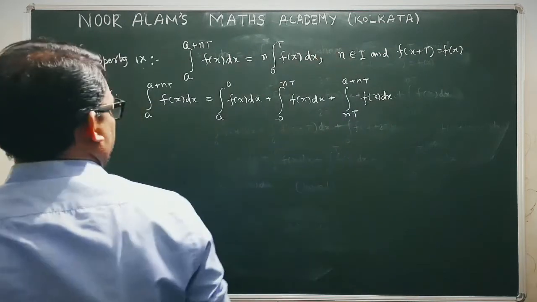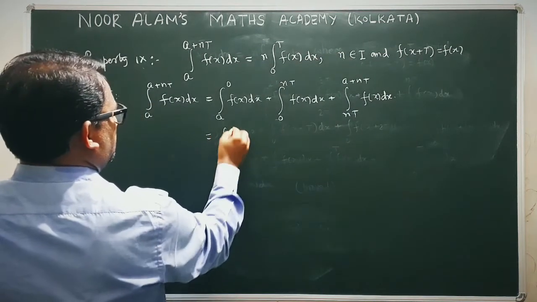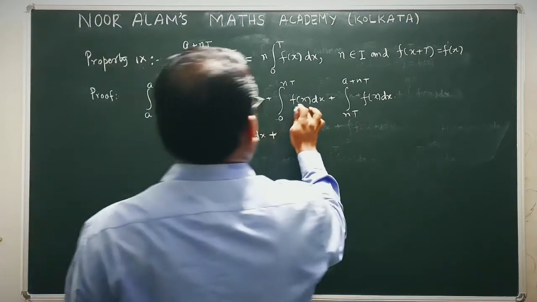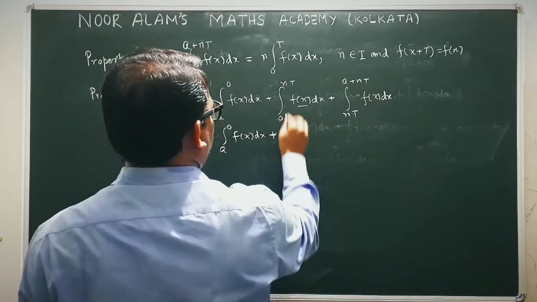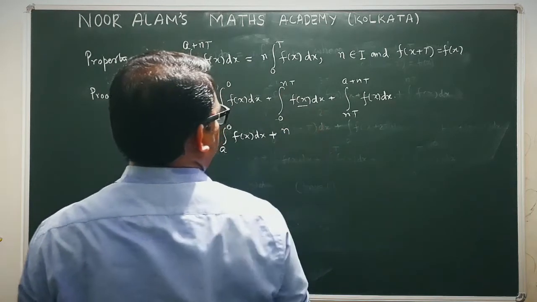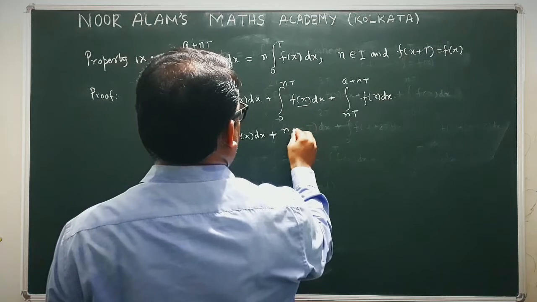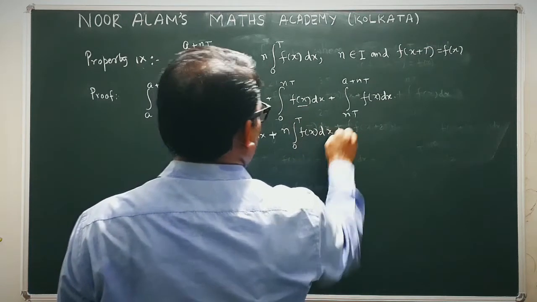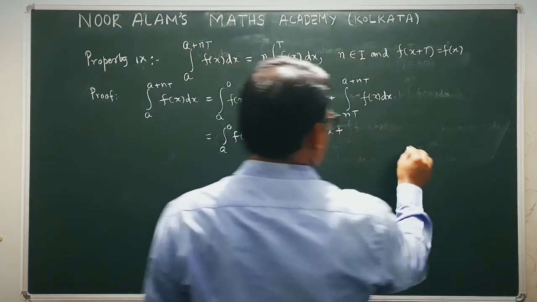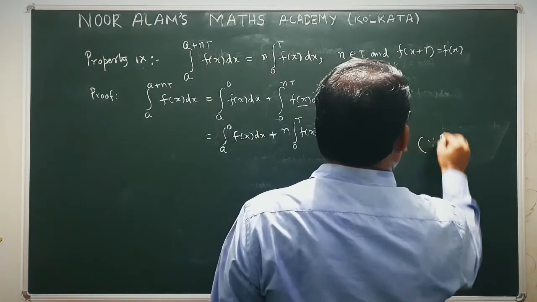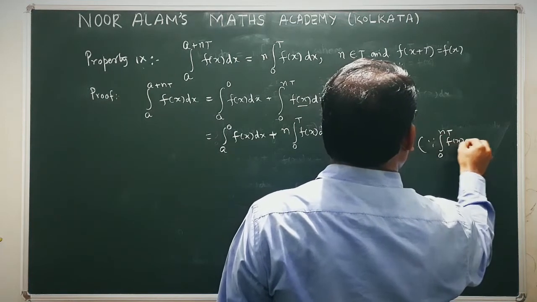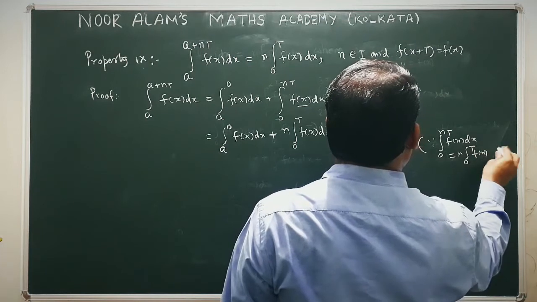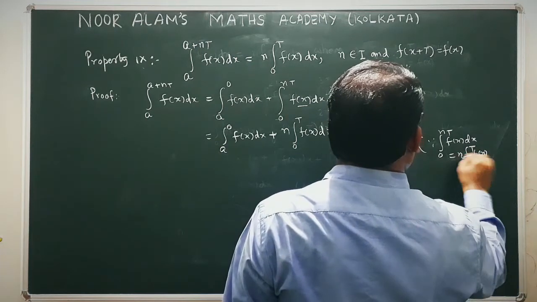Okay, now what we see is that the first can be written as the integral from a to 0 of f(x) dx as it is, and here, since f(x) is a periodic function, n is an integer and f(x) has the period T, we can write the second as n times the integral from 0 to T of f(x) dx, using the previous property, since the integral from 0 to nT of f(x) dx equals n times the integral from 0 to T of f(x) dx using property 8.